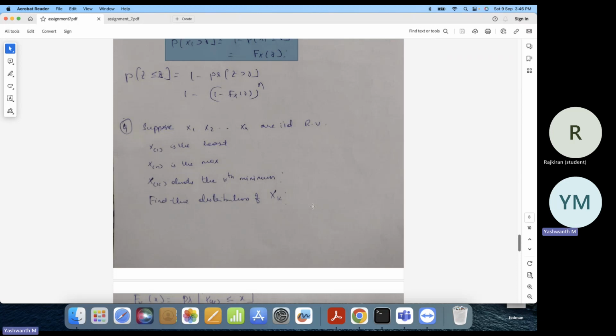X of n denotes the maximum of X1 to Xn, and X of k denotes the kth minimum. Kth minimum in the sense that X of 1 denotes the least, X of 2 the second least, X of 3 the third least, like that. Clear, right?